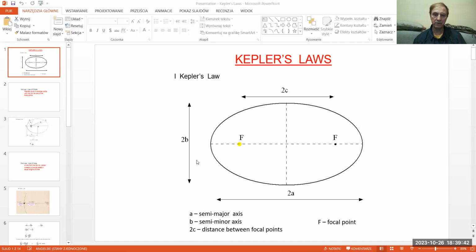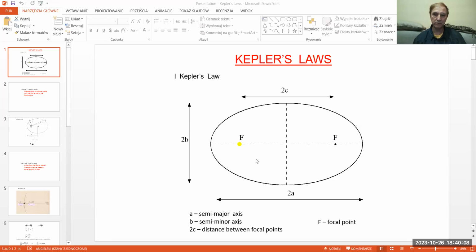So the semi-minor axis is b over here. Also, speaking about the ellipse, we can find two focal points, or two foci. The first one and the second one are marked with the capital letter F.